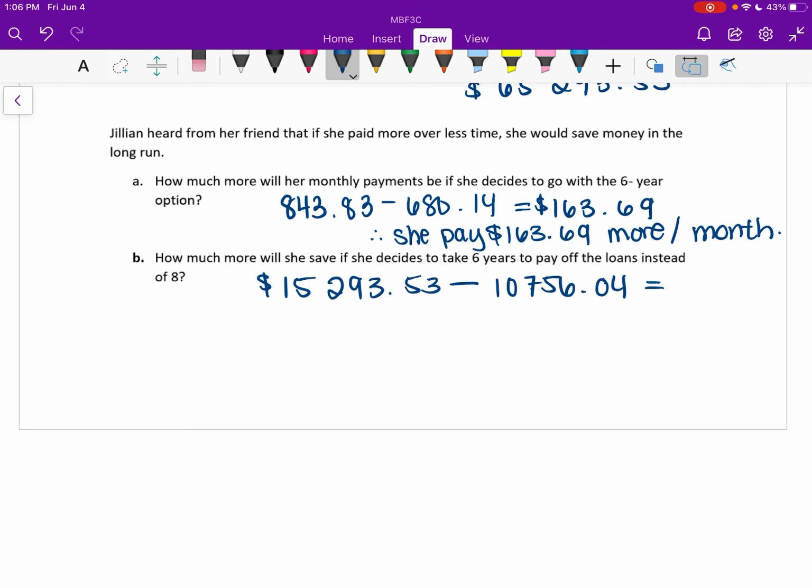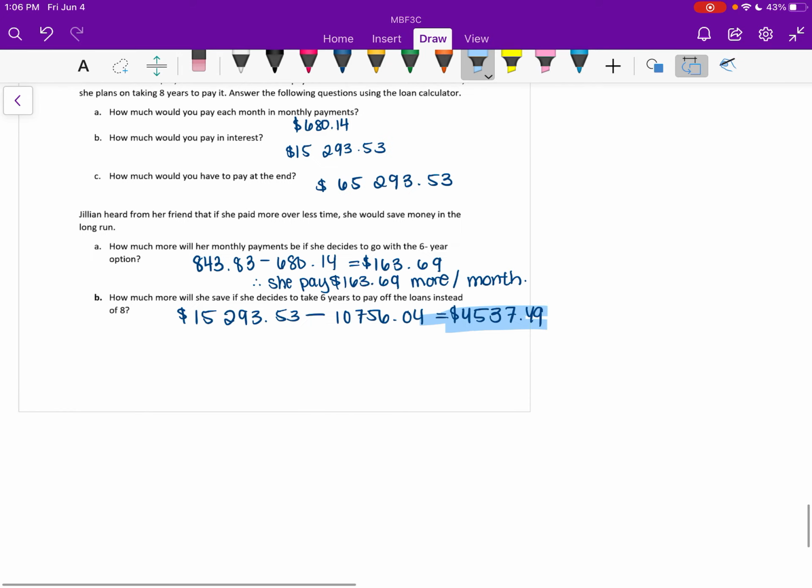If you do the math, you end up saving $4,573.49. So you end up saving almost $4,500 by paying off your loan sooner, right? So you pay less towards the bank. And that's important for us to recognize.